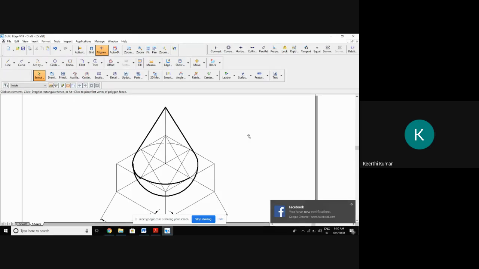Post it in a group fast. I'll check what mistakes you have made. Directly post it in the group.